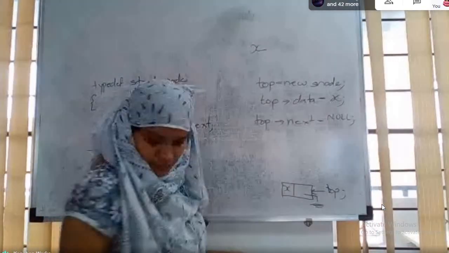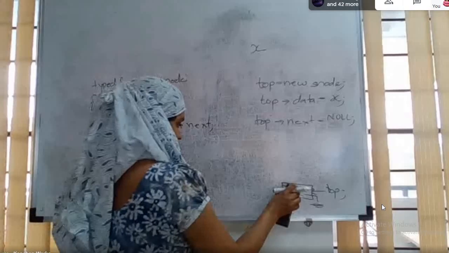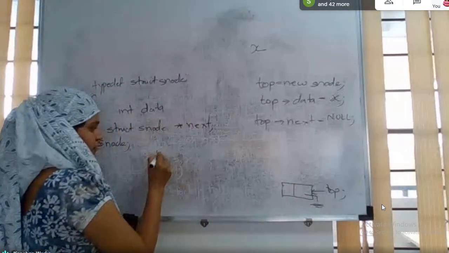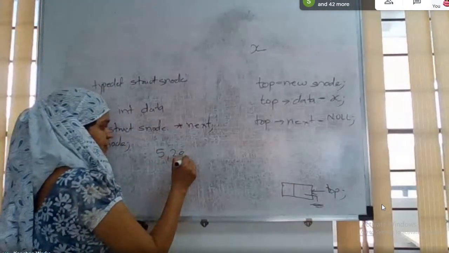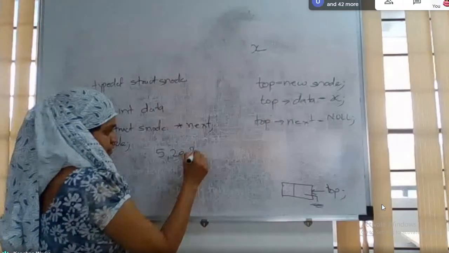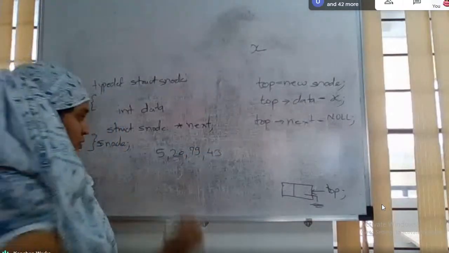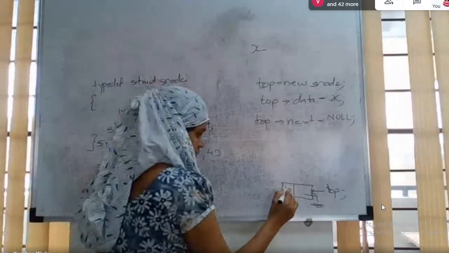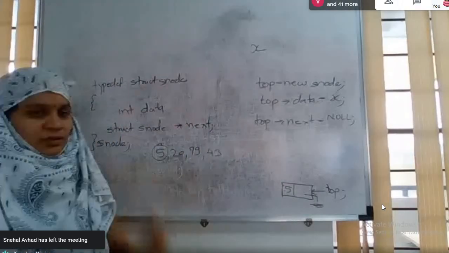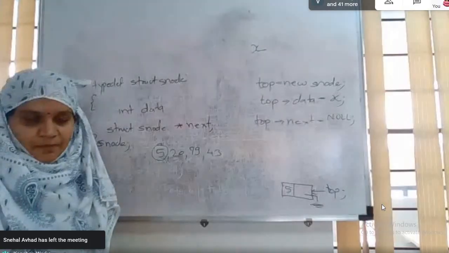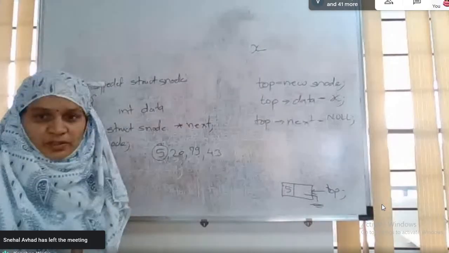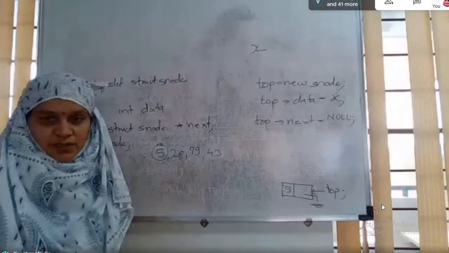So suppose the data that I want to insert is 5, 20, 79, 43. Okay. So ये जो first था, suppose वो इस instruction से हो गया. Now I want to push the remaining 3 elements on the stack.